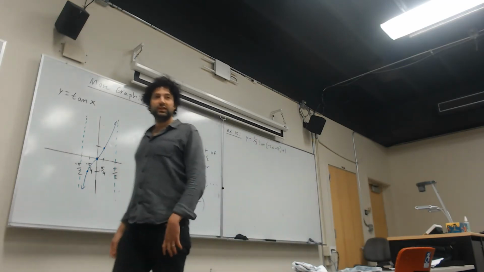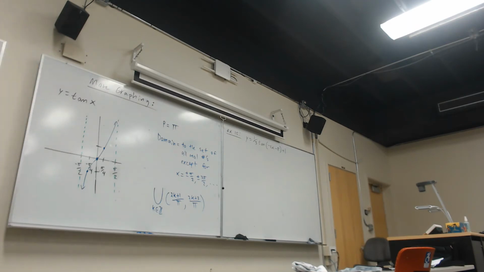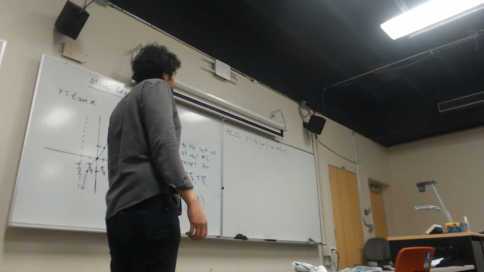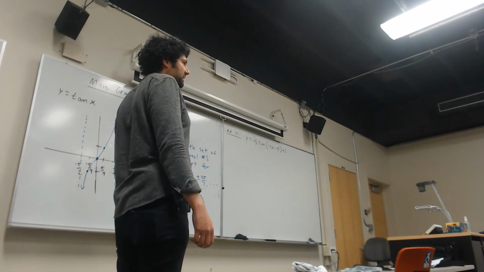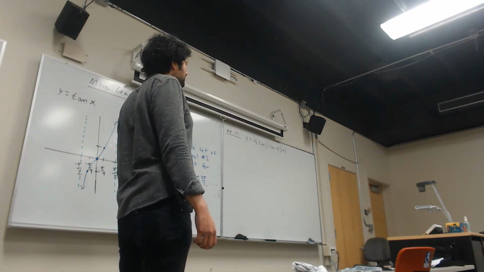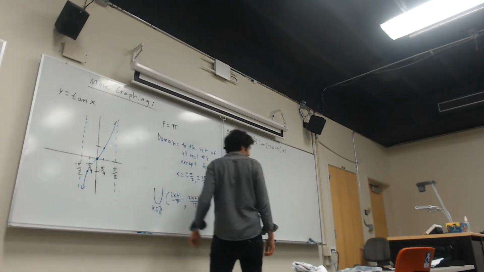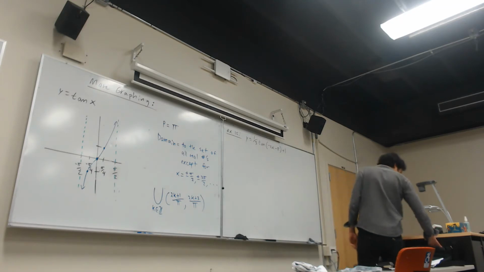There's a simplification that can be made. Notice, what do you got? On the inside, you got negative 2x minus pi. You can factor a negative out of both of those, right?